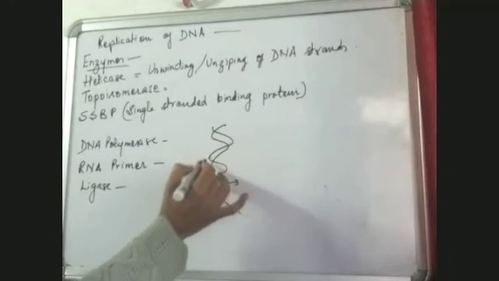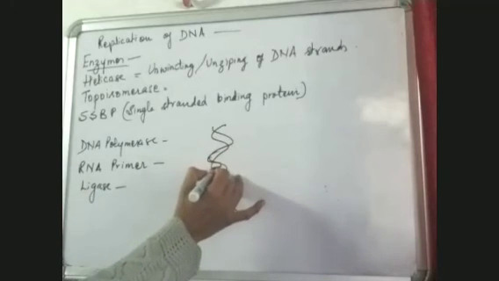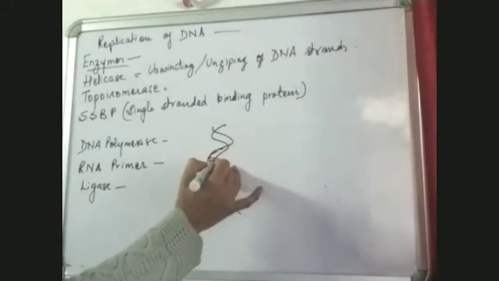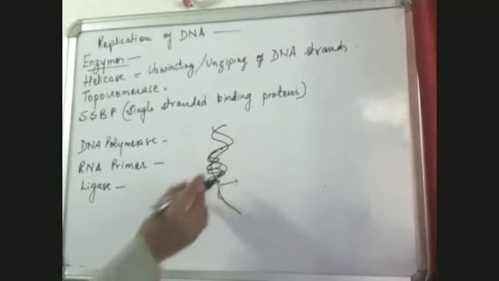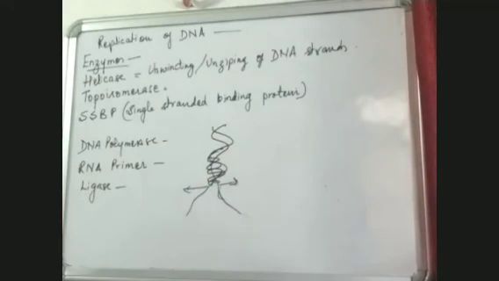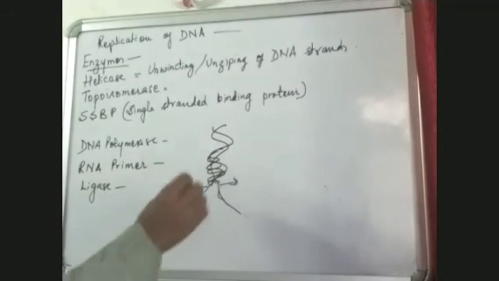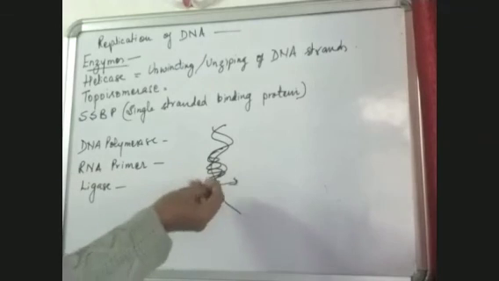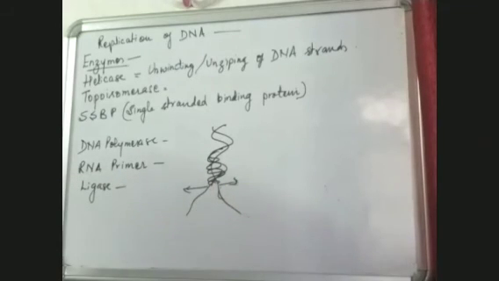The coils which are now very near to each other will create a tension. This tension has to be removed, because if the tension is created, this may alter the process of replication.